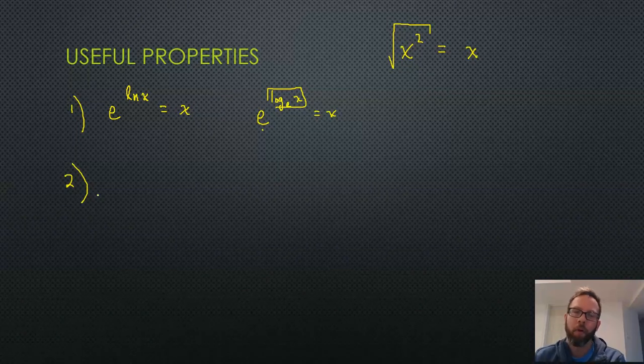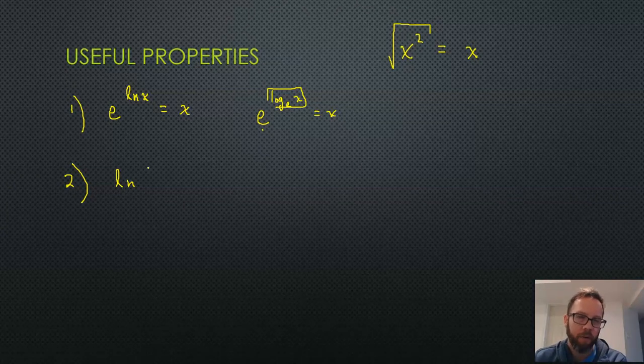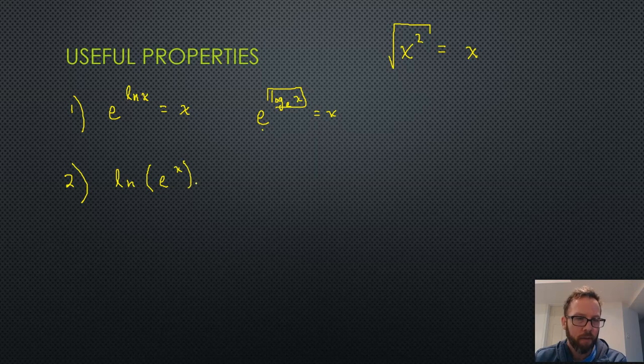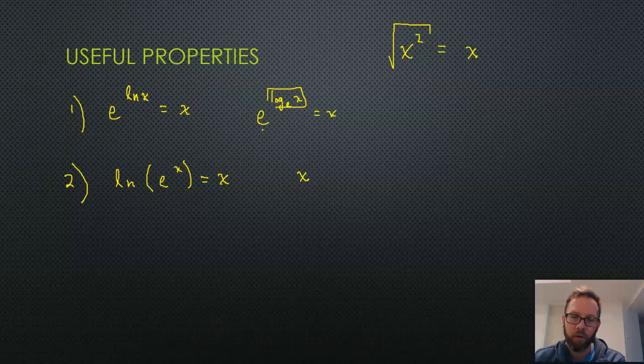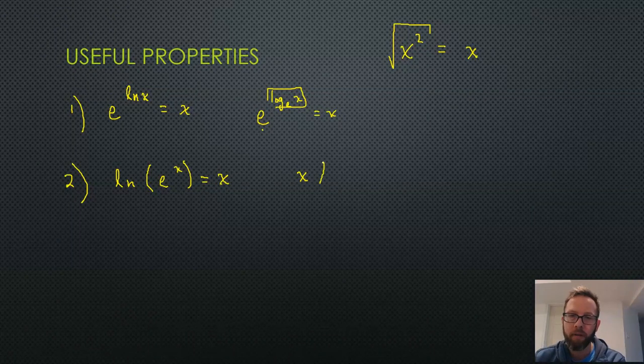A second property that will come in useful is that the converse is true. The ln of e to the x is just equal to x. And again, you can use your logarithm properties for that, because you can bring down the x as an exponent, and the ln of e we know is equal to 1.